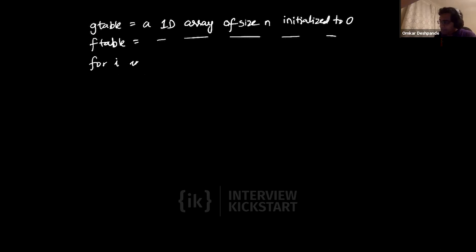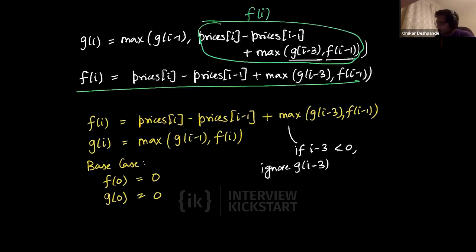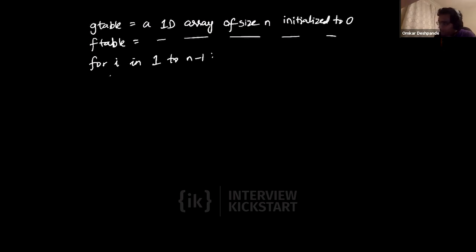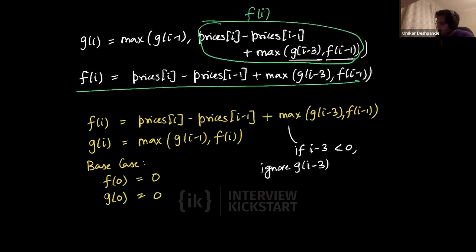Then we'll have a loop that goes through 1 to n minus 1, and we just calculate f of I, store it in f table of I, calculate g of I, store it in g table of I. So f table of I will be the delta in the price plus the max of g of I minus 3 and f of I minus 1.